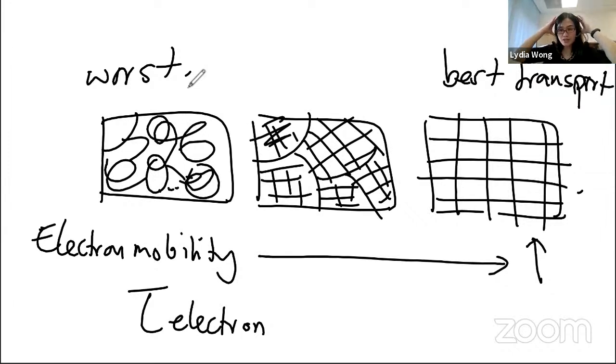So this is the challenge. I don't have time to talk about this, but this is usually the problem with most of the new materials for solar cell. You can find materials that absorb light, but can this material transport electrons and holes efficiently? Very few can do this.